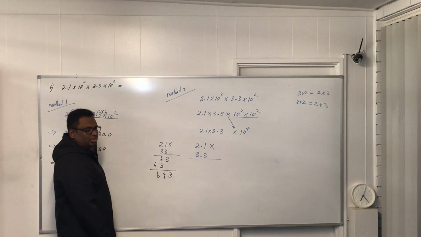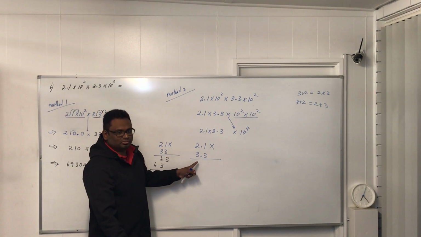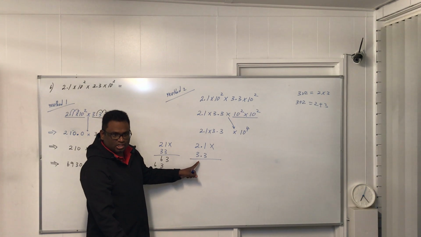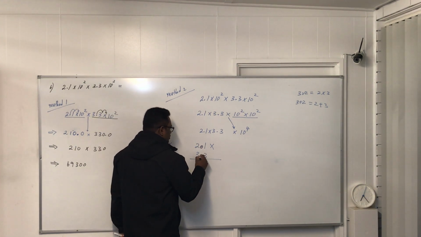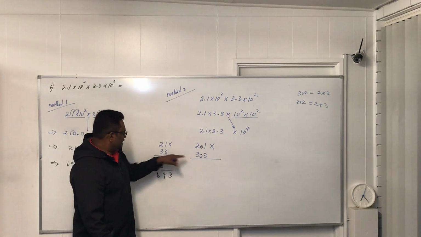So if you have this question, what you do, I'll teach you a trick. Easy peasy trick. If you have decimals here, you forget about decimals. Then you multiply like this.